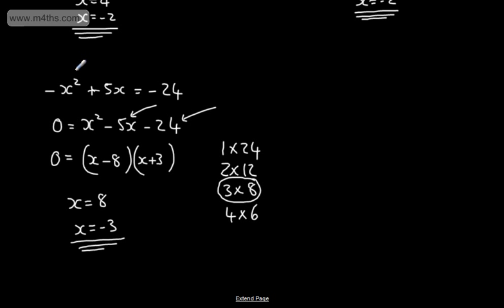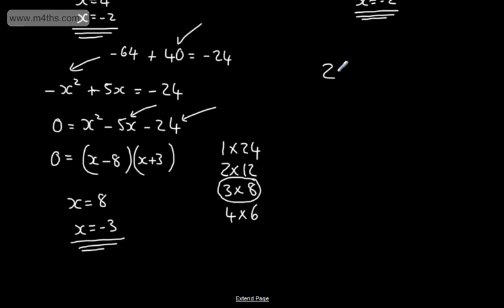So if you wanted to put it back in, that would give us now negative x squared, so we'd end up with taking 8, plus now 5 lots of 8, which is going to give me 40, which does equal now negative 24. So we can see now that it does work for, certainly for 8, and we can put the values in and solve as well to check that this works for negative 3. So that's when we have a negative. We will look in another video at dealing with more tricky ones.